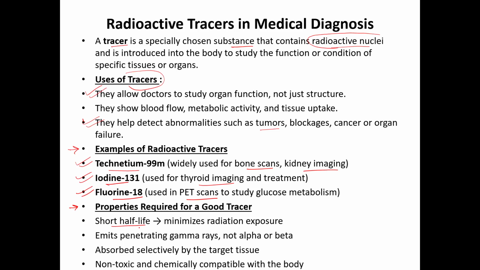This means a good tracer produces gamma rays, not alpha and beta rays. It should be absorbed selectively by the target tissue, because we don't want a situation where the tissue we want to study doesn't absorb it. And it should definitely be non-toxic because it is introduced in the body. If it is toxic, it is going to be problematic for one's body, right?